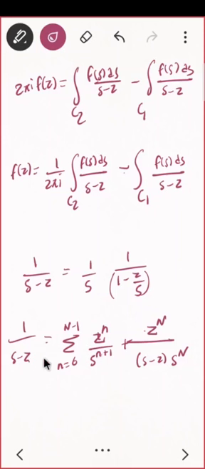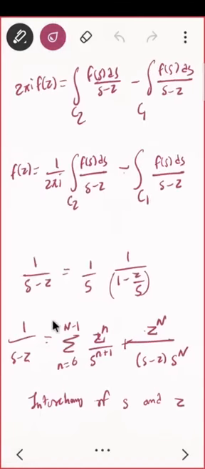Okay, let us do one thing. Interchange of s and z. So I'll be having this as 1 upon z minus s. That means I am using the same technique that I used for 1 upon s minus z, I want to do that for z minus s, because I'll be making this plus.